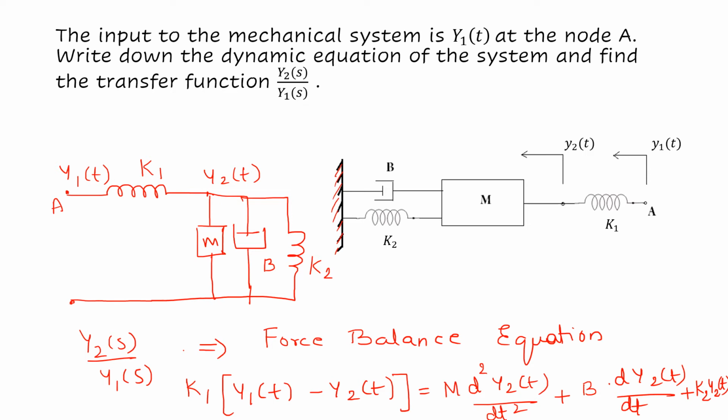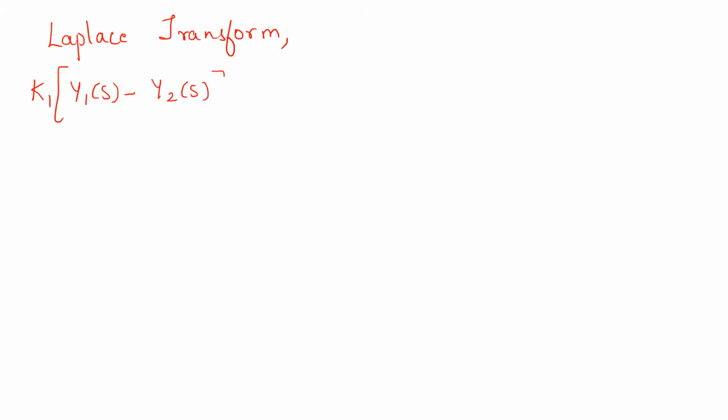Now in order to obtain the transfer function, we will apply Laplace transform to this particular equation. On applying the Laplace transform, we get K1 into y1 of s minus y2 of s is equal to m into s square, since d square becomes s square, y2 of s plus b into dy2 by dt.